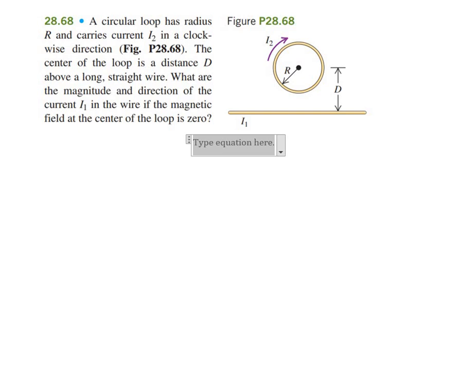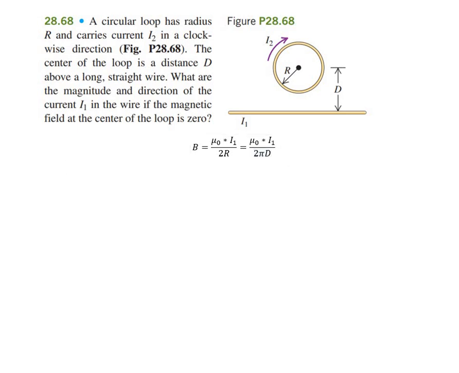For the long wire, we know that it's a long wire, so B1 equals mu 0 multiplied by I1 divided by 2 pi d, where d is the distance above the long straight wire.